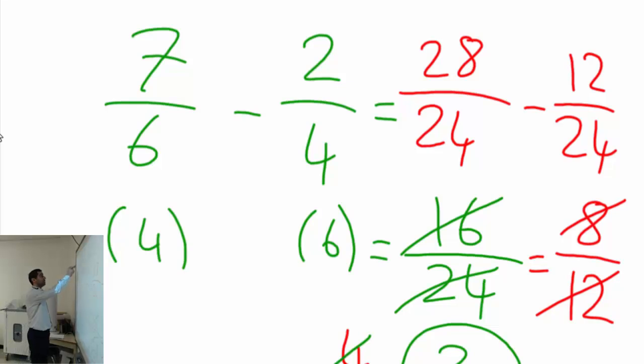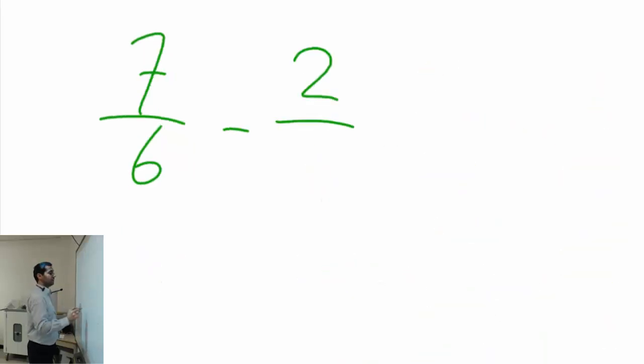So let's rewrite the question. 7 divided by 6 minus, what was the other number? 2. 2 divided by 4. Now, just look at both denominators, 6 and 4. Figure out which one is the common number for both of them.